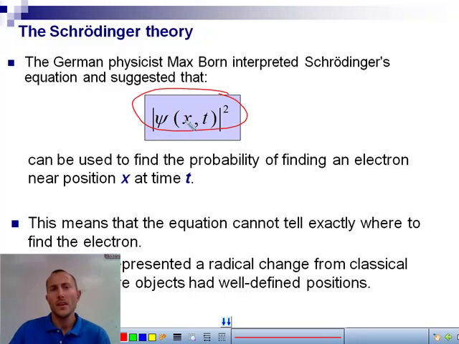So if you're looking at some given position at a given time, you can calculate the probability of finding the electron at that point. The significance of this is that it's a probability, which means that you don't know exactly where the electron is. Based on this equation, you can't tell specifically where an electron is at any given point. You can find the probability of its position, but never its exact position.